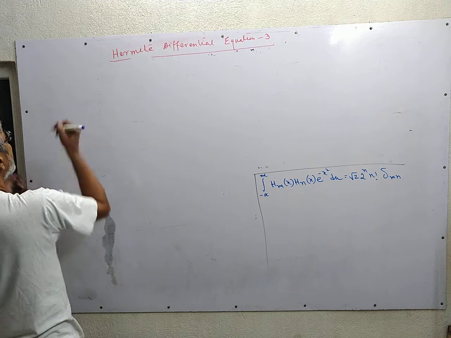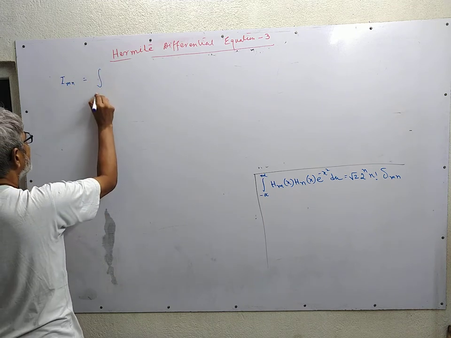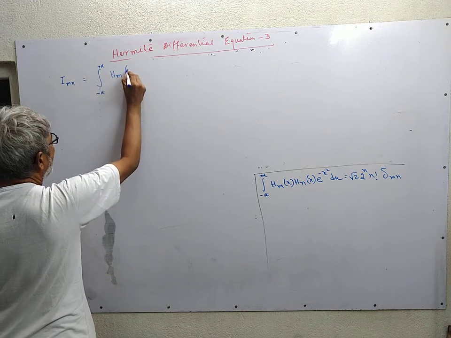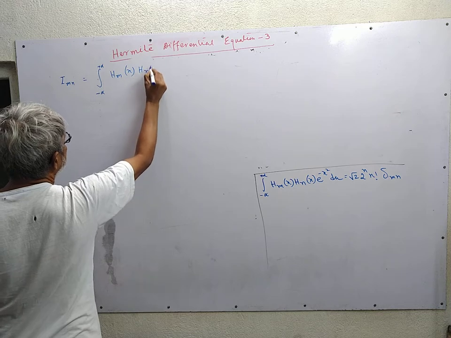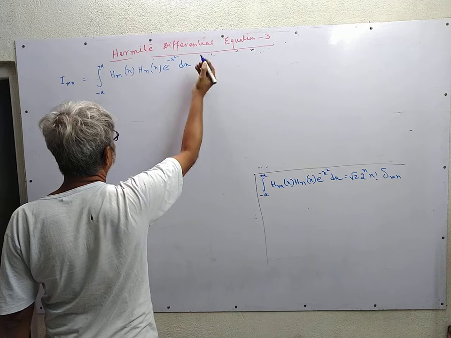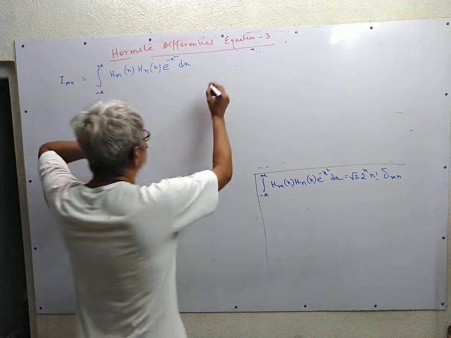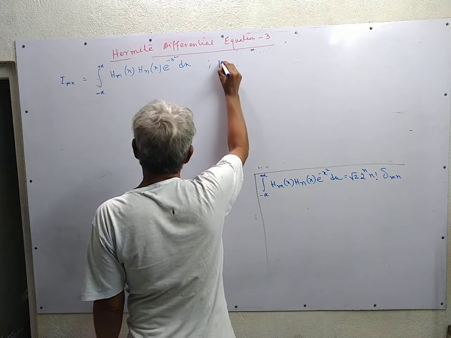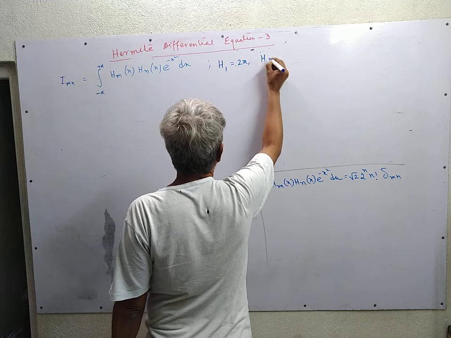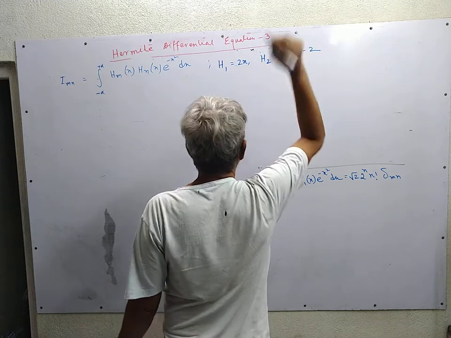We define the integral I_mn equal to the integral from minus infinity to plus infinity of H_m H_n x e to the power minus x square dx, and we use H0 is 1, which is too trivial, H1 is 2x and H2 is equal to 4x square minus 2.